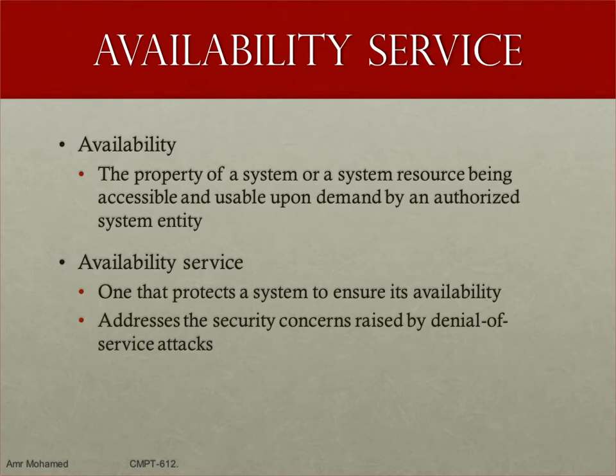So if a system or a resource can protect itself against the denial of service attack, which refers to illegitimate access that would make the data not accessible just by sending requests to a system or to a data center or something like that, the system will become unusable or it will bring the whole system down, in which case it will not be usable or accessible by the legitimate users.